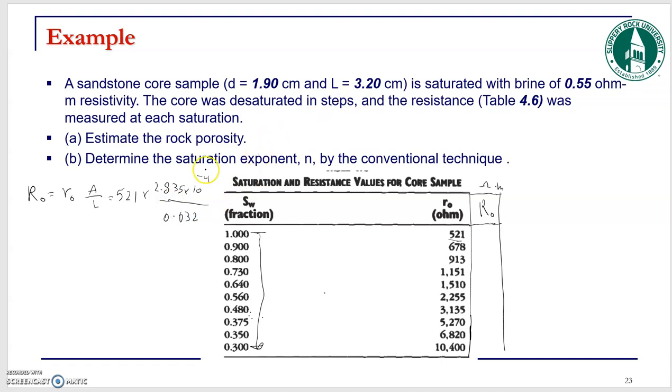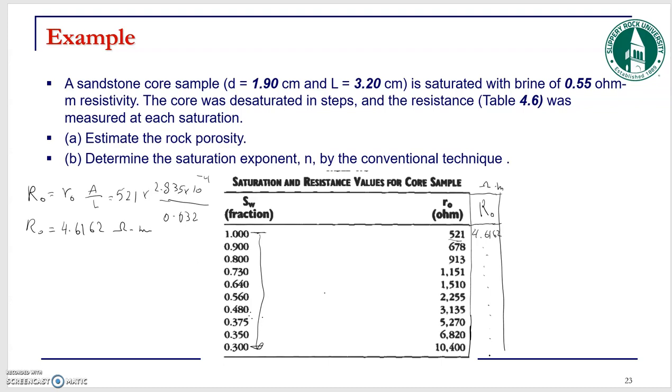So R0 is equal to 4.6162 ohm meter. You have to do it for all these data points and calculate all these resistivities. That's the first step.